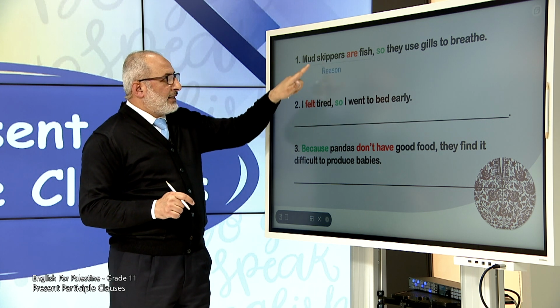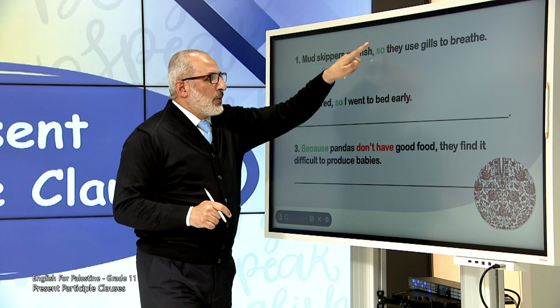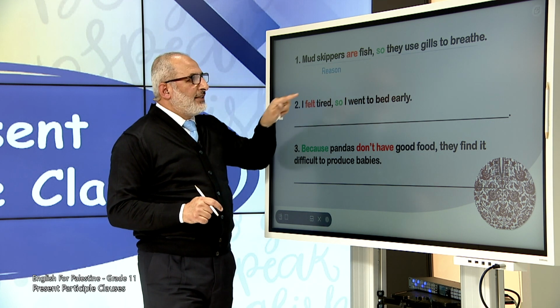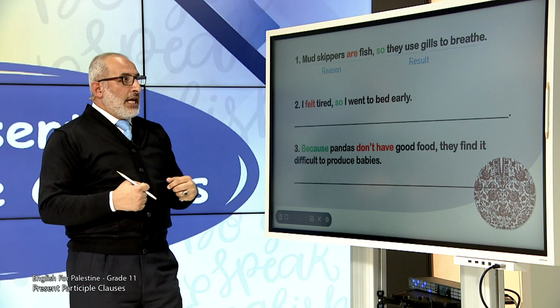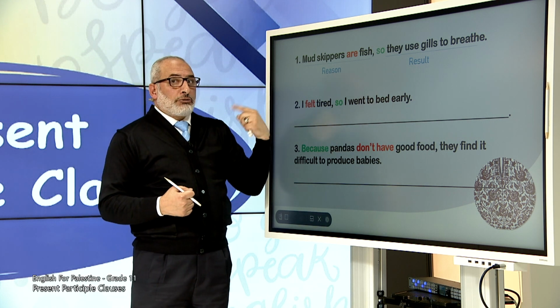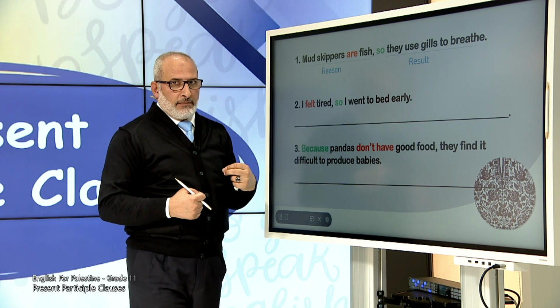The first part is a reason, and the second one is a result. And here we have so, connecting the reason and the result. I want to write it using present participle clause.